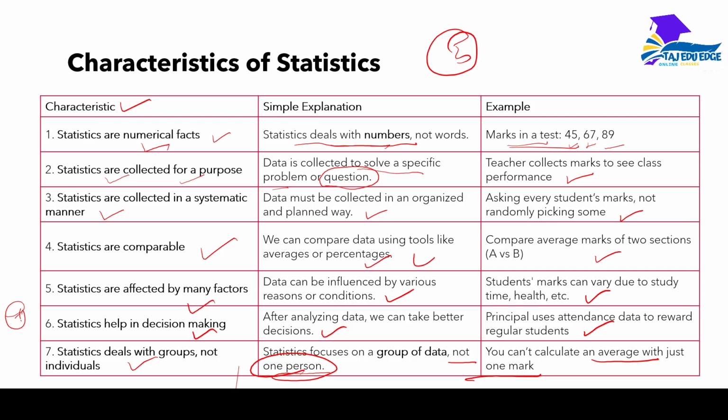Like all these points, you have to write the explanation of that. You can write the example if you remember it. If you don't remember it, it's fine. Write the characteristic, write the example, write the explanation. Characteristic, explanation, characteristic, explanation. Like that, at least 5 characteristics with explanation must be written to score 5 out of 5.